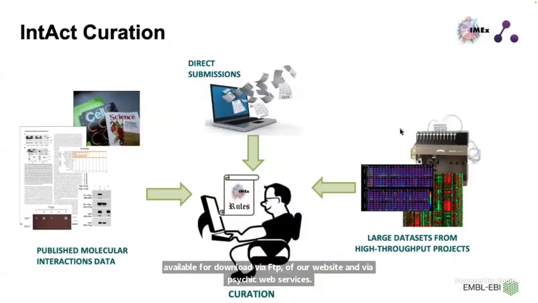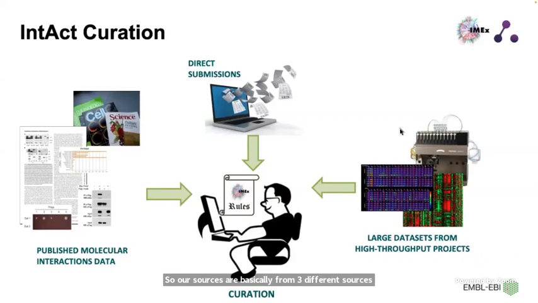So our data comes from three different sources. We capture the experimental evidence published in the scientific literature. And also we encourage direct submission from the authors because it ensures a dialogue between the authors and the curators.